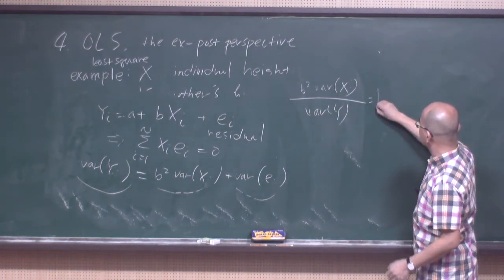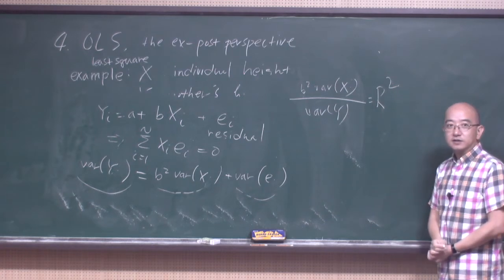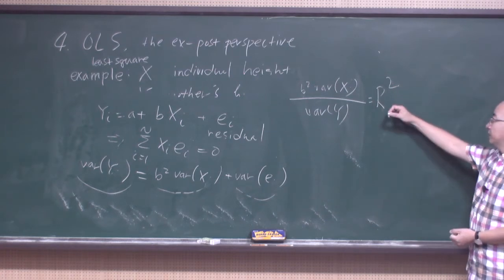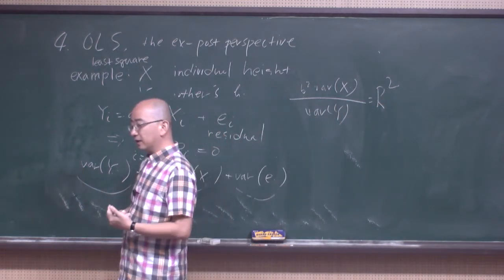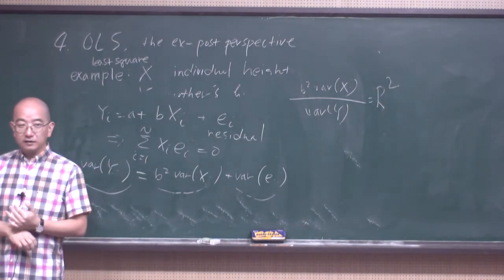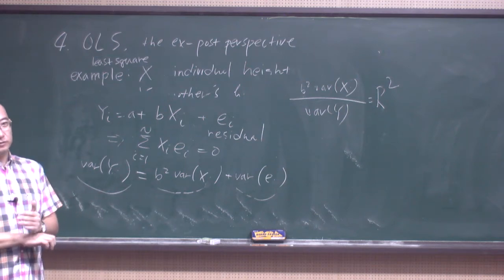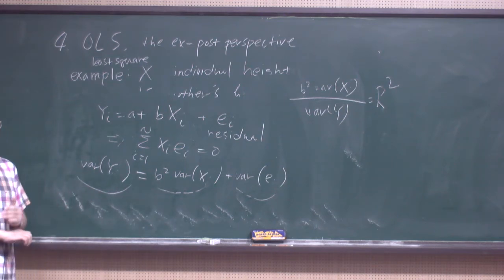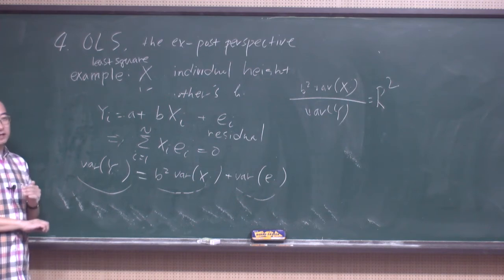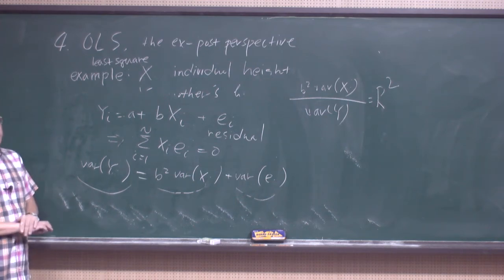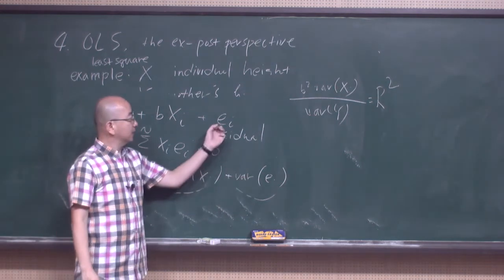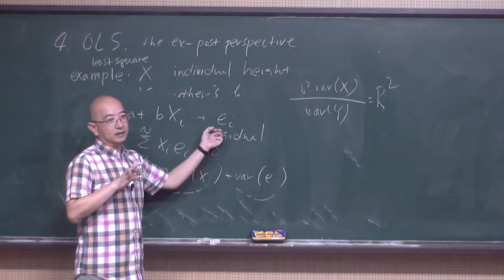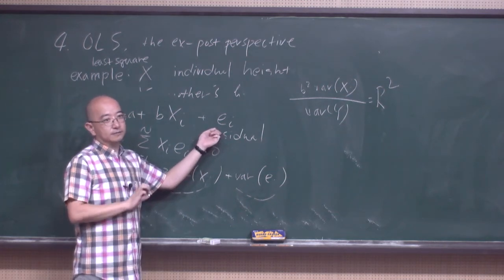We call this R squared. And we use this R squared as showing whether the regression line is close to the data points. If R squared is low, then data points may be far away from the regression line, because this residual is indicating how far away each data point is from the regression line.